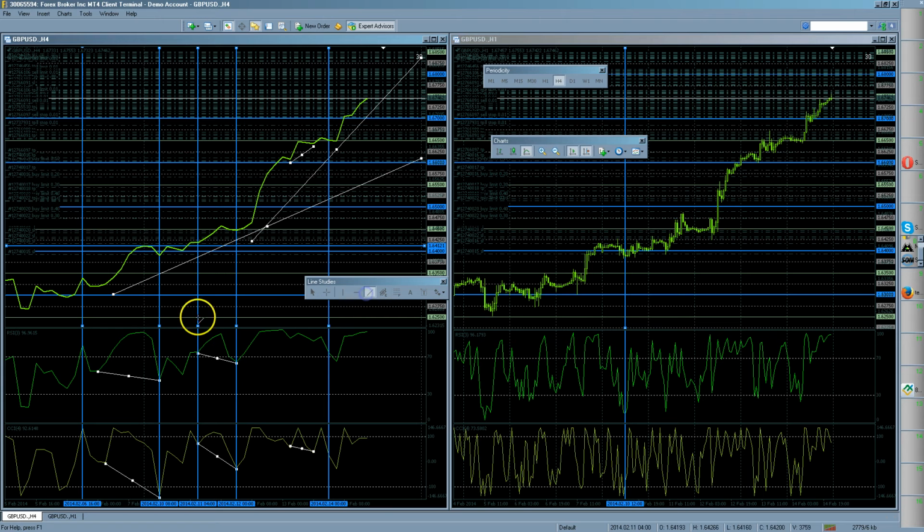So you're looking for this inversion here. So it's not really a divergence in the sense that you would like this divergence here. This is momentum dying out and it just made a new high, but you're getting divergence, which means you're about to get a reversal.